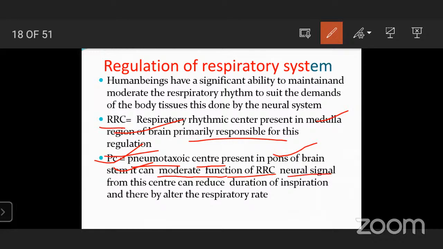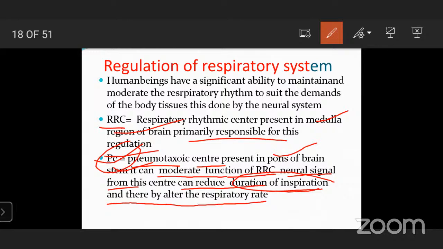Neural signals from this center can reduce, this is the most important line, the duration of inspiration and thereby alter the respiratory rate. So both are involved in the regulation of the respiratory system.